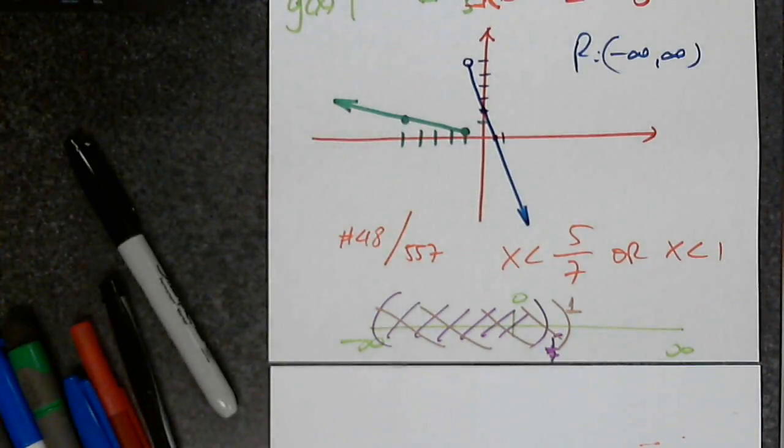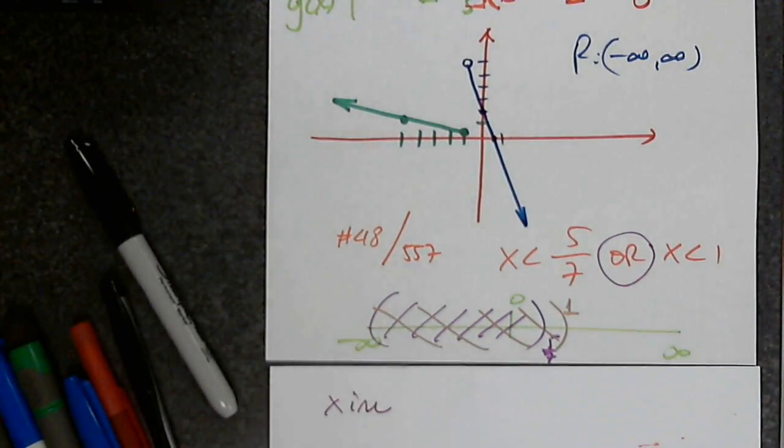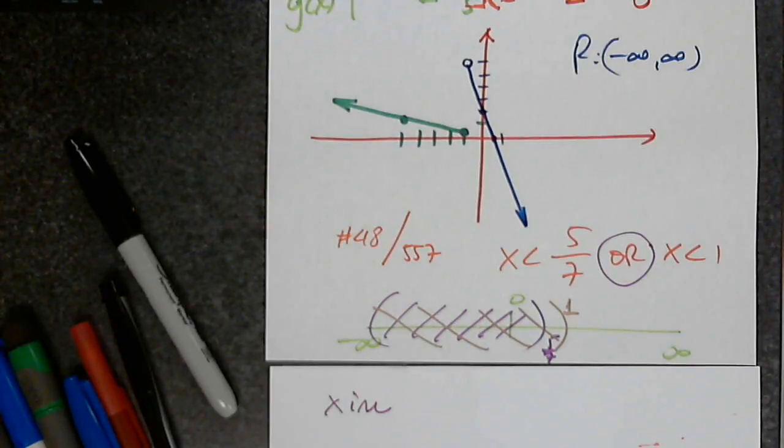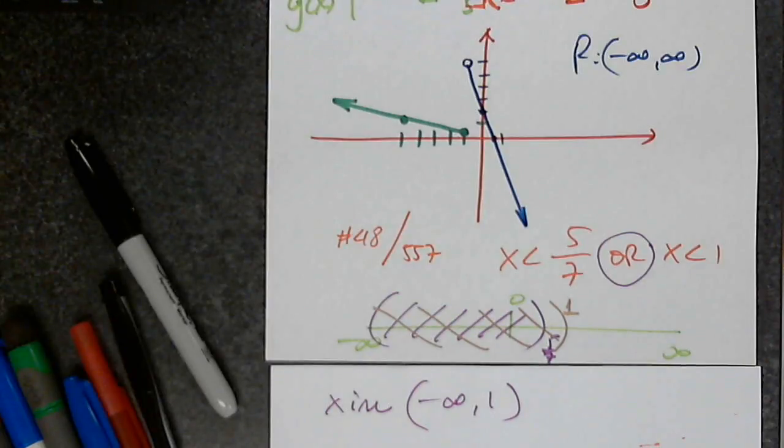Not what we have in common, but what we can enjoy together. That's the or. So x in the interval. Exactly. This is what we enjoy together.